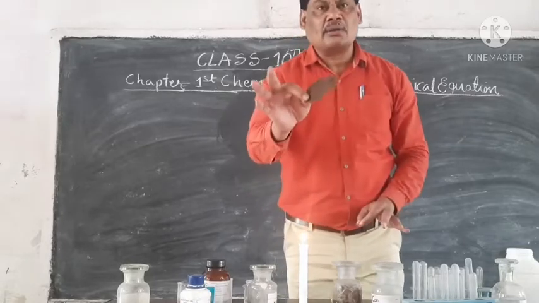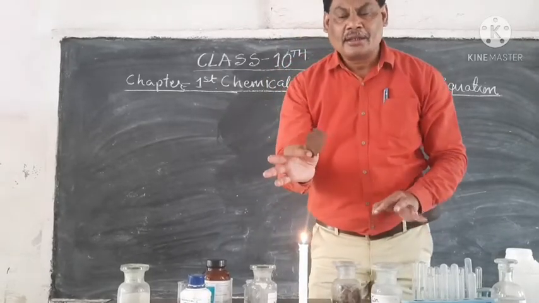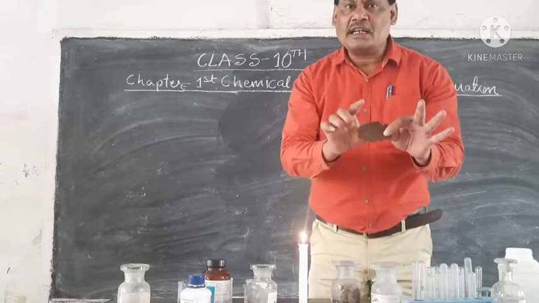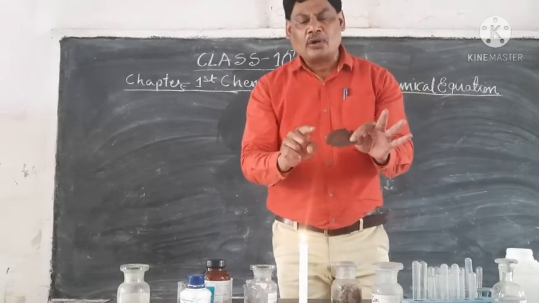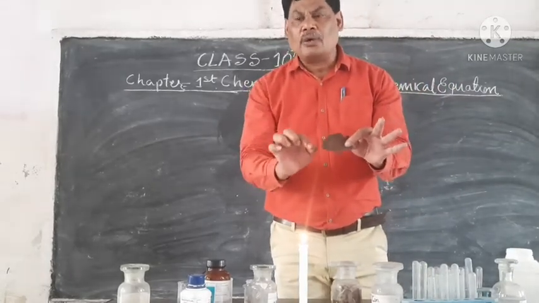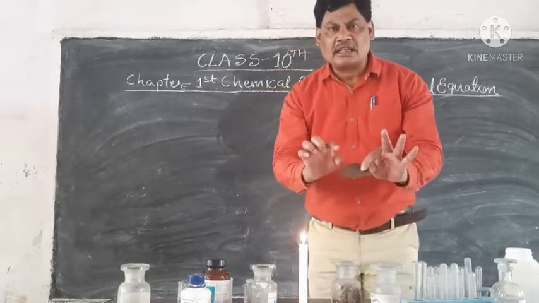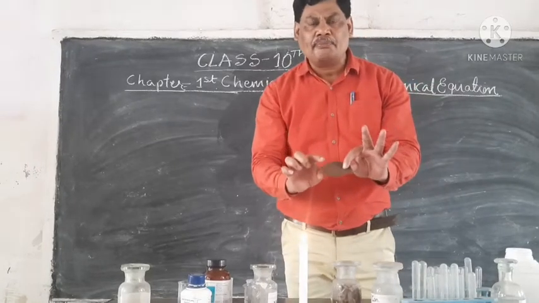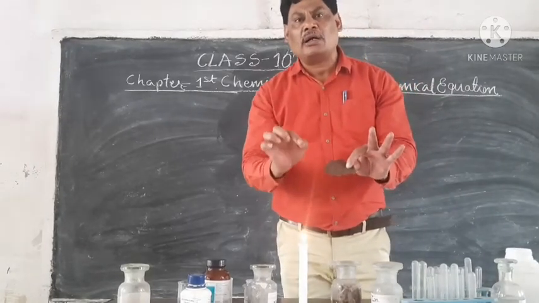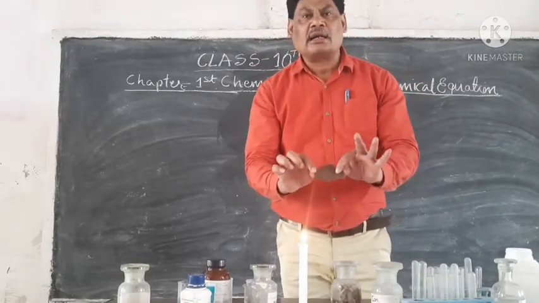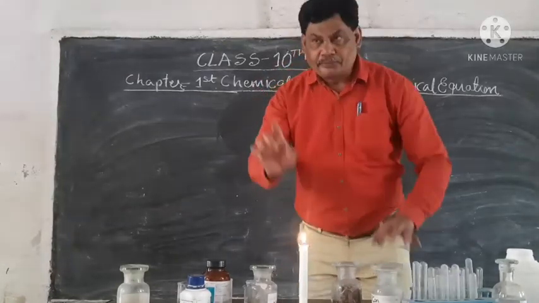Earlier, when it was pure iron, its formula was only Fe, but now the chemical compound has completely changed and it becomes Fe2O3.xH2O. This is called rust.